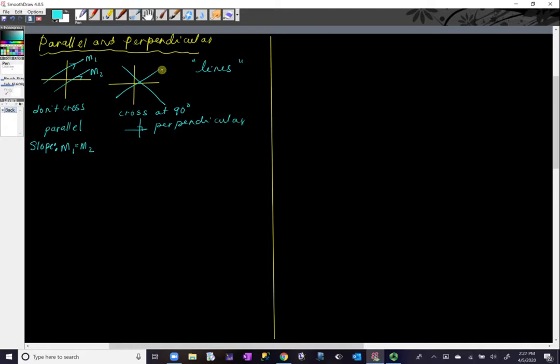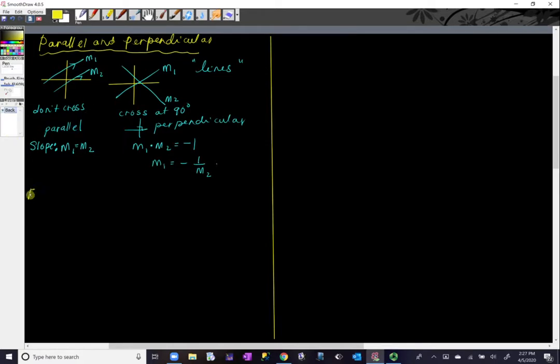Whereas for perpendicular, suppose slope of line 1 is M1 and slope of line 2 is M2, you're going to say slope 1 times slope 2 is always going to be -1, or M1 is the negative reciprocal of M2. And remember, M is forever and always slope. I can use other letters, but it is slope.